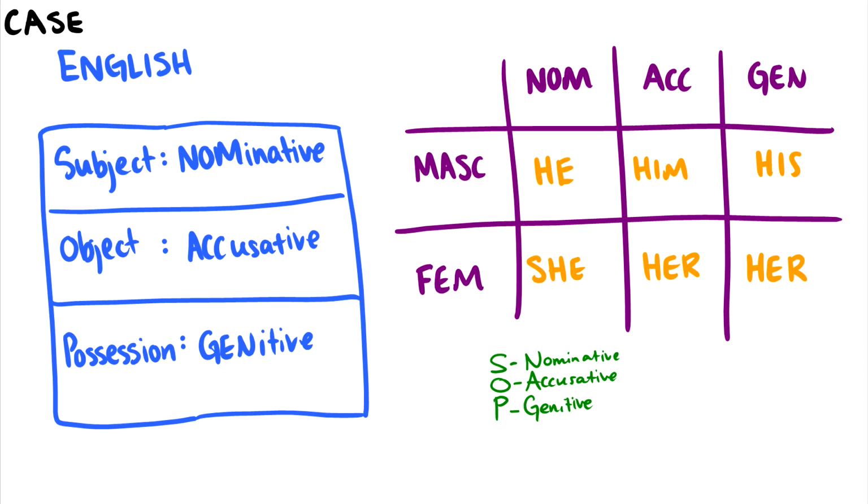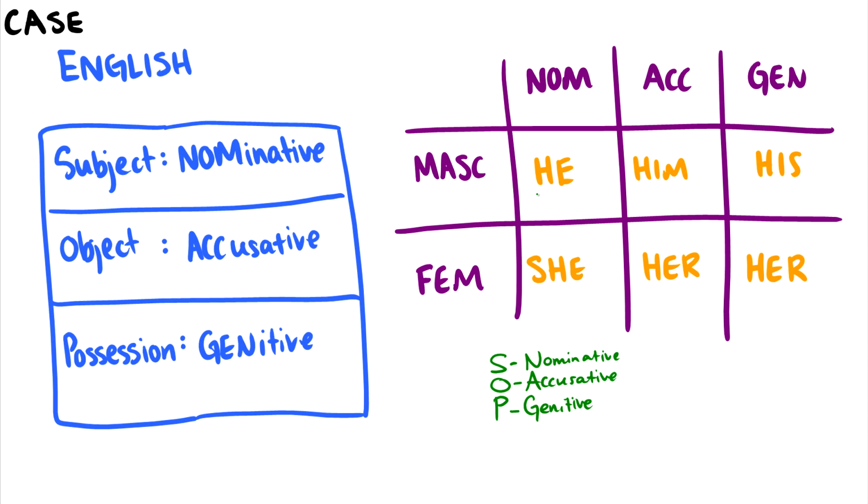So let's kind of go over these examples. Let's split into masculine and feminine. So a masculine nominative subject we have is he. For instance, he ran. So we can't say him ran in the subject position. When we have a subject, we always have to say he. So this is our nominative he, and same with feminine is she. Accusative would be him or her. So he loves him, he loves her, she loves him, she loves her.